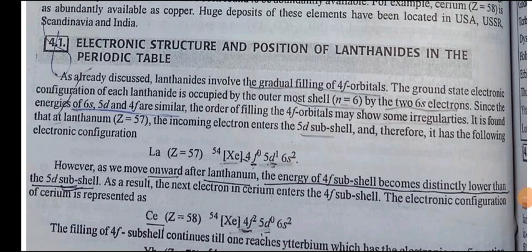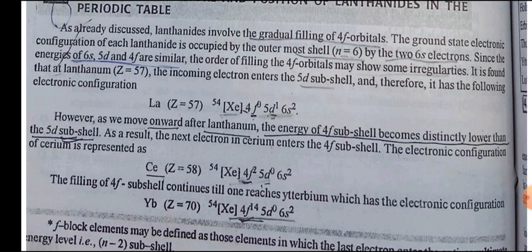Electron structure and position of lanthanides in the periodic table. As already discussed, lanthanides involve the gradual filling of 4f orbitals. The ground state electronic configuration of each lanthanide has the outermost shell occupied by two 6s electrons. Since the energies of 6s, 5d and 4f are similar, the order of filling the 4f orbitals may show some irregularities.